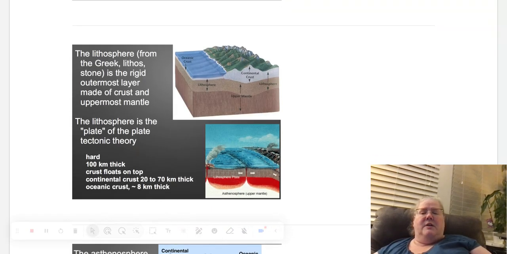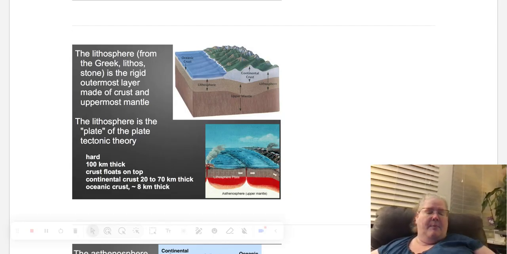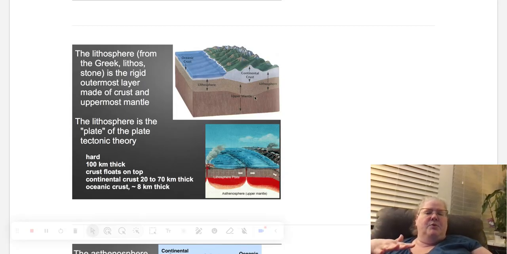The lithosphere comes from Greek lithos, which means stone. So it's that rigid outermost layer of the crust and the upper part of the mantle. Okay. The lithosphere is the plate in the theory of plate tectonics. This is the part that moves. This is the part that can subduct. You know, we've got the really dense ocean floor that can get pushed underneath continental. We'll talk about that in a minute.